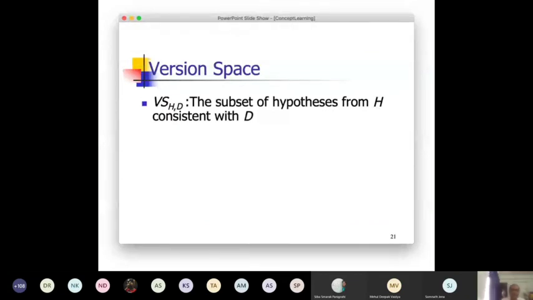But let us only deal with the consistent hypothesis in our present discussion, because we consider that there should not be any error in the training data set.